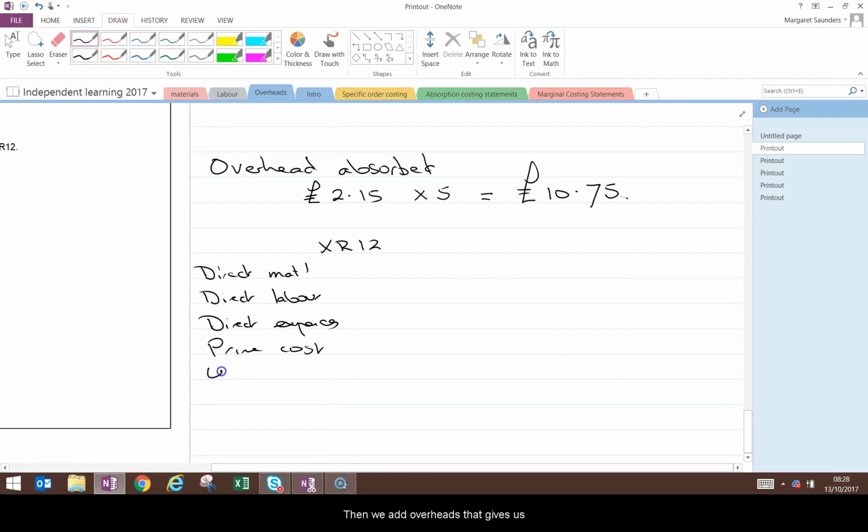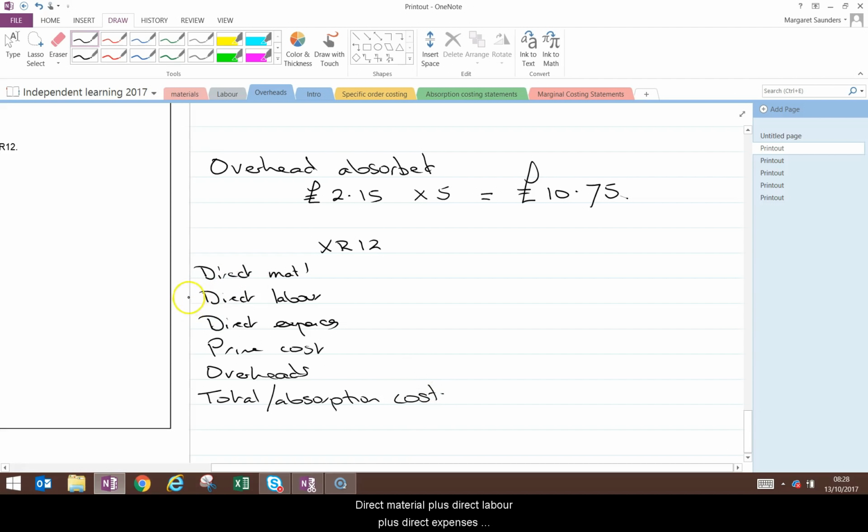Then we add overheads, and that gives us the total or absorption cost. So direct material plus direct labour plus direct expenses equals prime cost plus the overheads equals the total absorption cost.